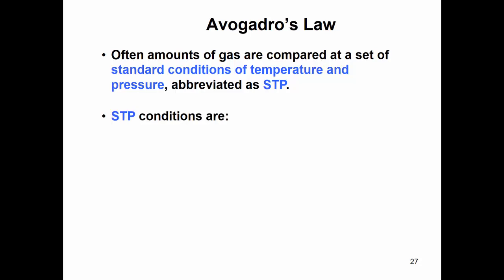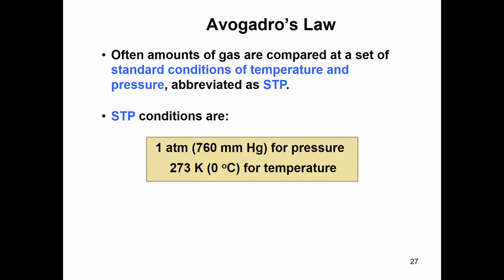Okay, STP conditions are 1 atm, which, if you look back at your conversions, is the same thing as 760 millimeters mercury or torr. Okay, so that's your standard pressure, 1 atm, and 273 Kelvin.